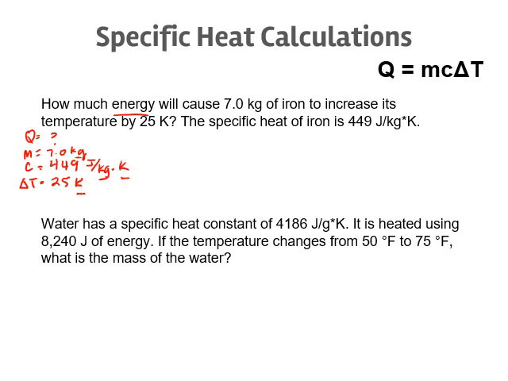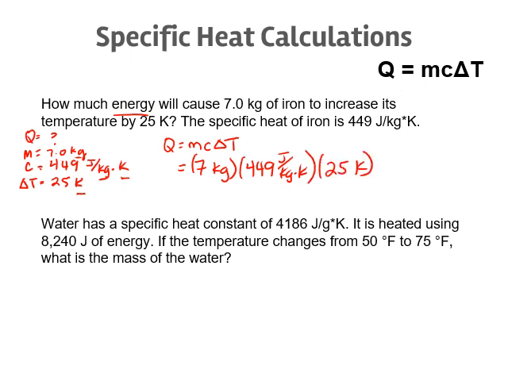So we don't need to worry about changing any of these units. So Q equals mc delta T. Our mass is going to be 7 kilograms. And we have 449 joules per kilogram times Kelvin, and then lastly we have 25 Kelvin.